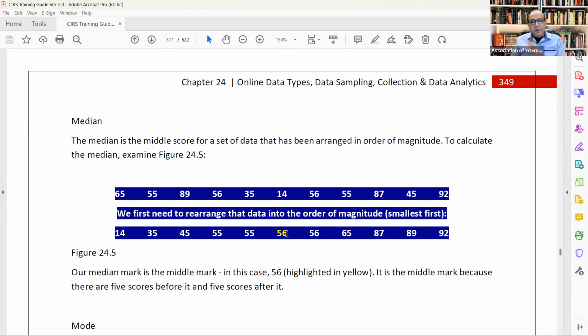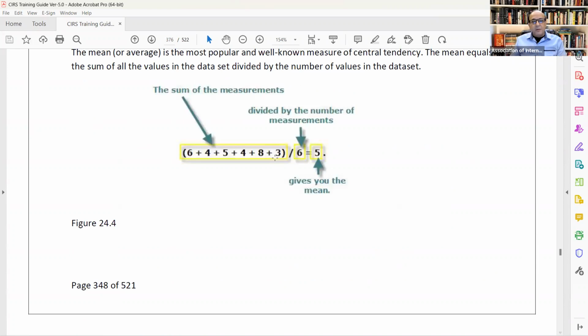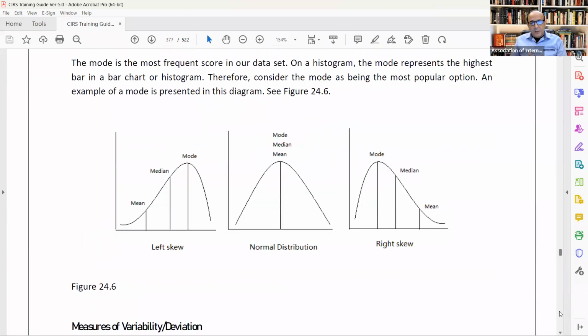Would it be mean, mode, or median? You would just select median. Average, this question would be simple to answer. It's just the computation, you can see what it's bringing, and it is just averaging out numbers. This is what mean is.